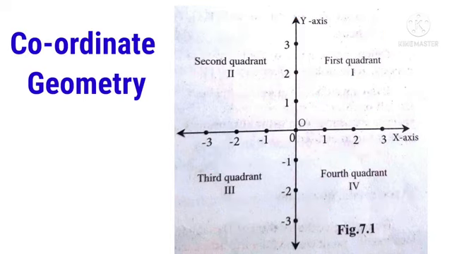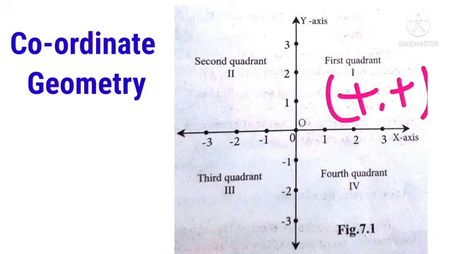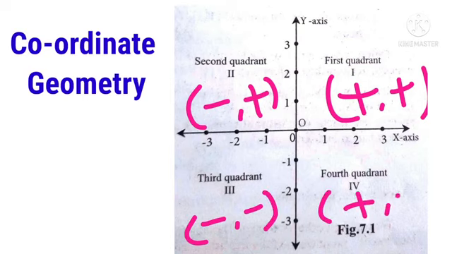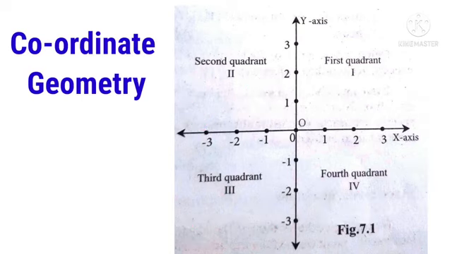In the first quadrant, x is positive and y is also positive. In the second quadrant, x is negative, y is positive. In the third quadrant, x is negative and y is also negative. And in the fourth quadrant, x is positive, y is negative. These are the basic concepts.